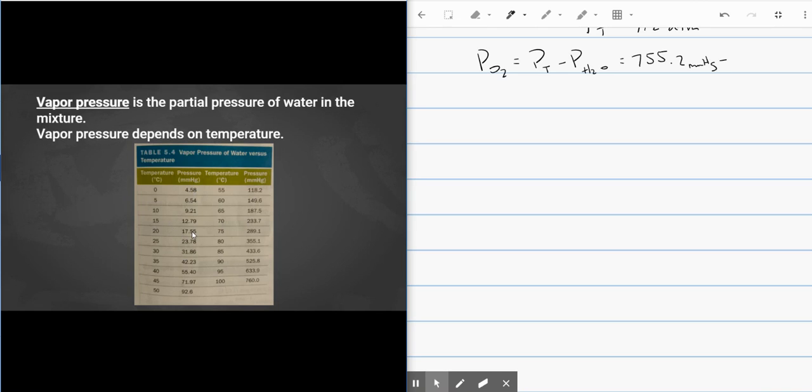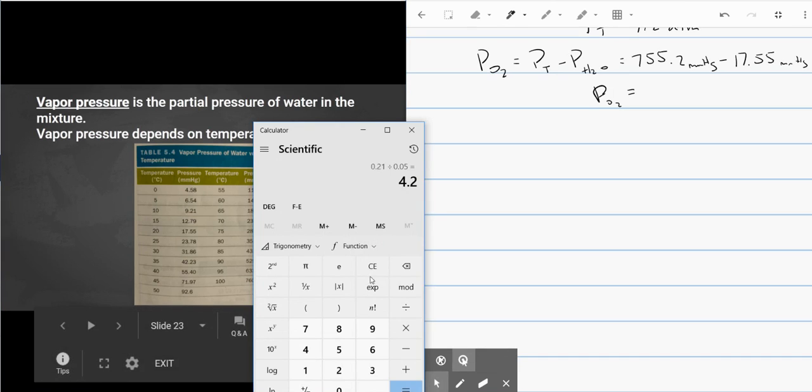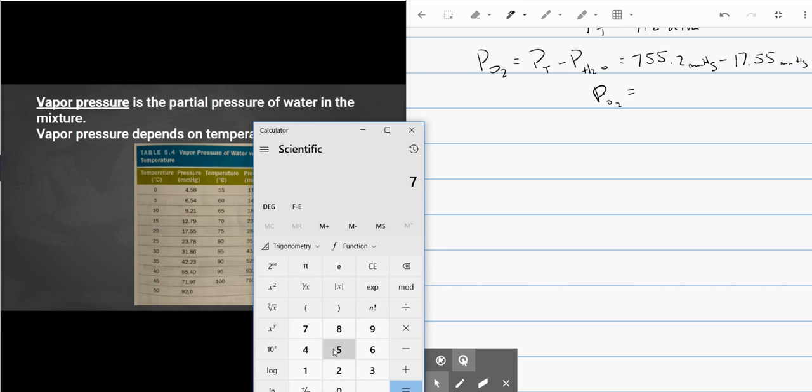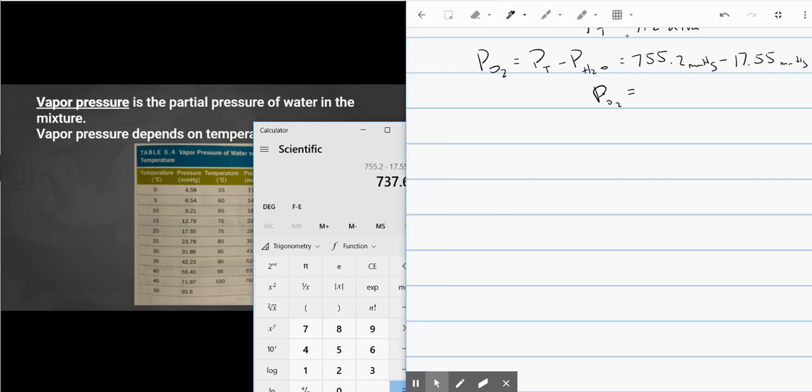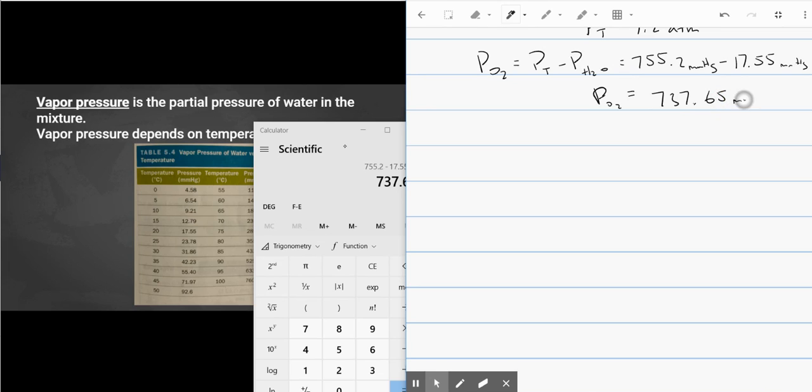At 20 degrees, the pressure is going to be 17.55 millimeters of mercury, which means the pressure of O2 is going to be 755.2 minus 17.55, which is 737.65 millimeters of mercury, and let's go ahead and change that right to atmospheres.